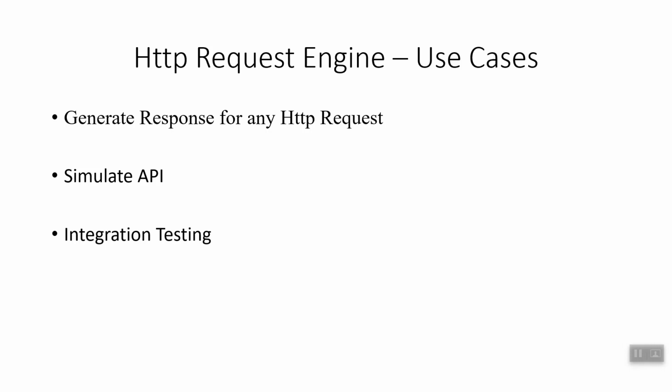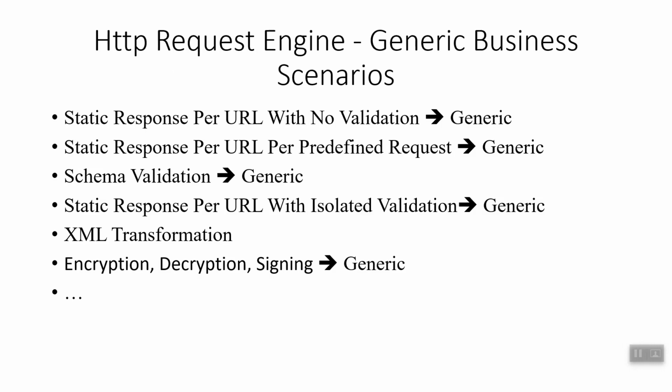So first of all, my main idea was divide and conquer, which means for each HTTP request engine, there are two types. Some are static or generic, and others are custom, related to the business. For example, for static, let's say I have a URL.